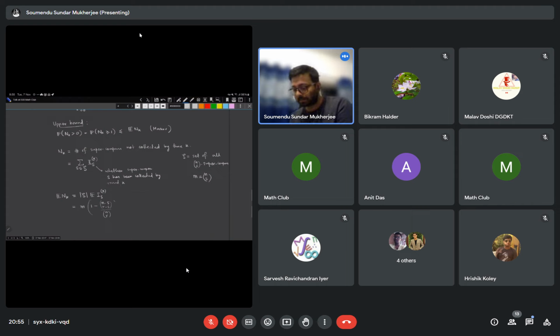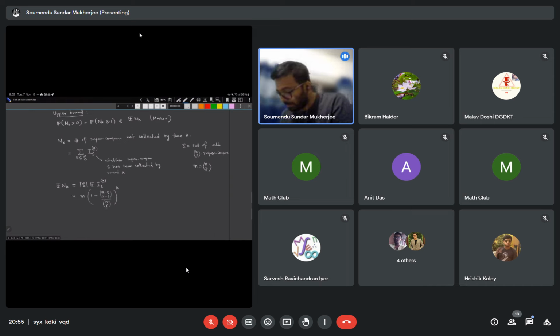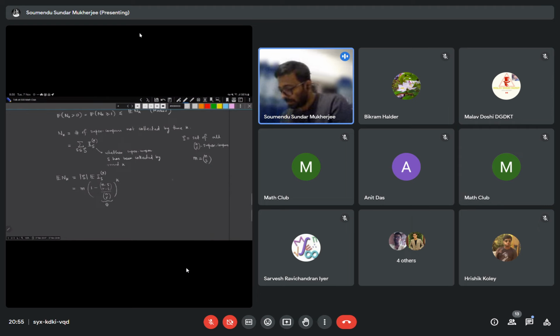I have k rounds, and these are independent, so I just take the power of k. For brevity, I will also denote this number by theta, and we will note that theta is n minus s choose r minus s, divided by n choose r.